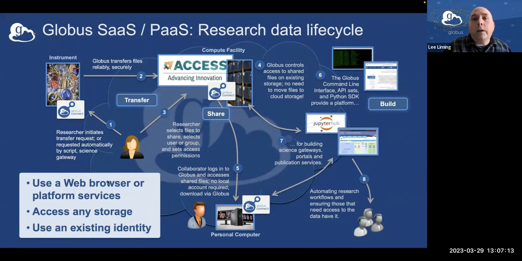So they don't have to log in and use a command line tool or command line interface or use SSH. And it allows the researcher to use identities that they already have on their system. So the accounts that you've already given them, or the accounts that their collaborators are already using on their systems, can be used to access the data on your system.